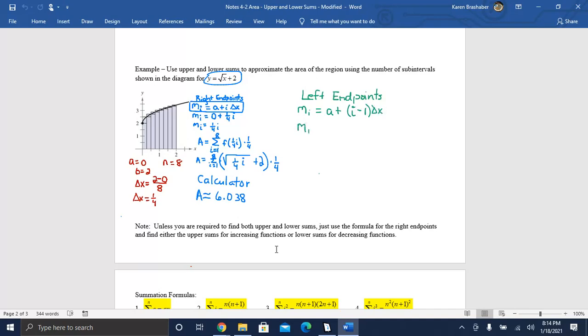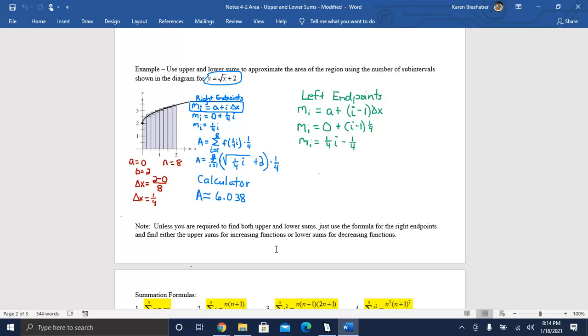So a was 0, and again, you have to take into account a because it is not always 0. Plus, and then I'll have i minus 1 times my 1/4. And so as I simplify this, I will end up with 1/4 i minus 1/4.